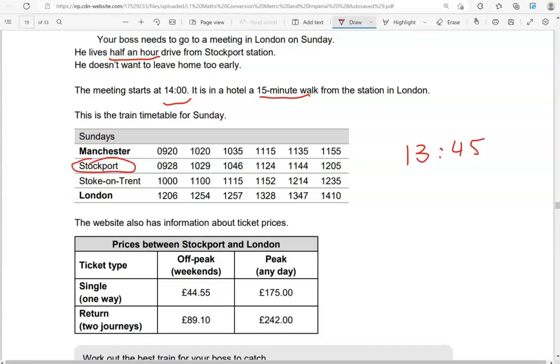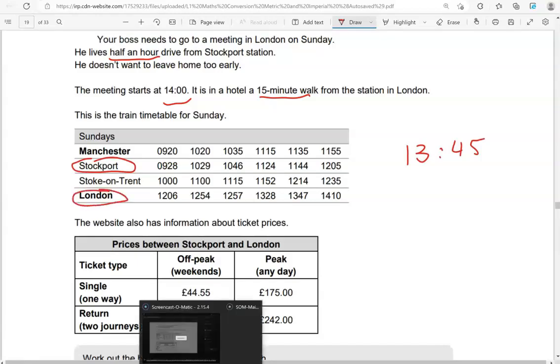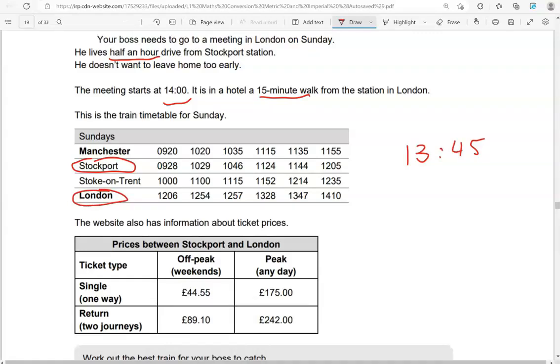So Stockport to London, arriving around this time, this would be too late. So the one prior to that is this one here, and it sets off from Stockport at 11:24.